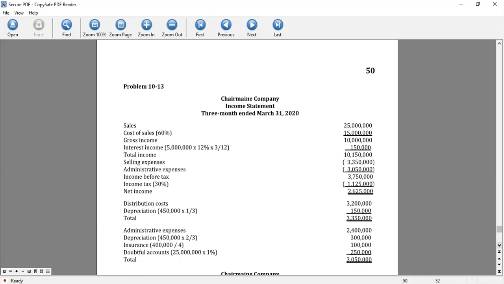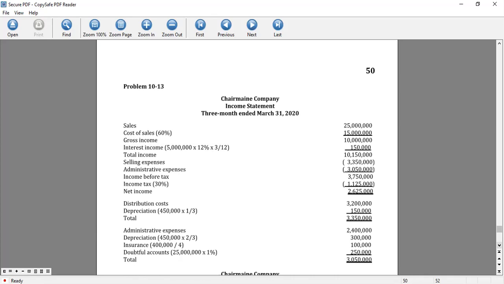Uncollectible accounts typically average 1% of net sales, and we have our gross sales as well as the net sales equal to 25 million. On January 1, 2020, buildings and equipment have an average remaining life of 10 years. So that's now your buildings and equipment.